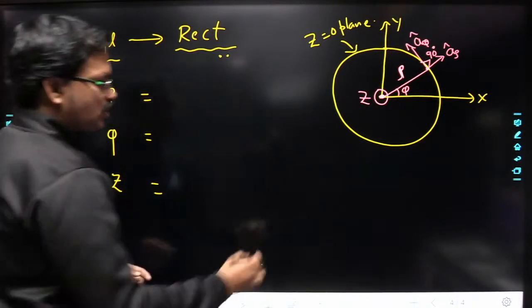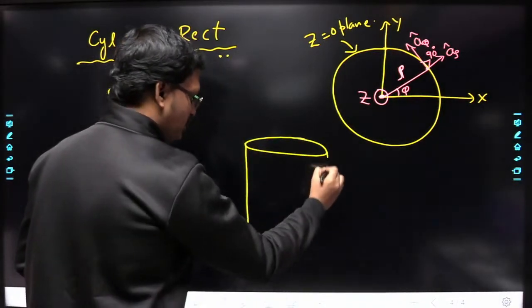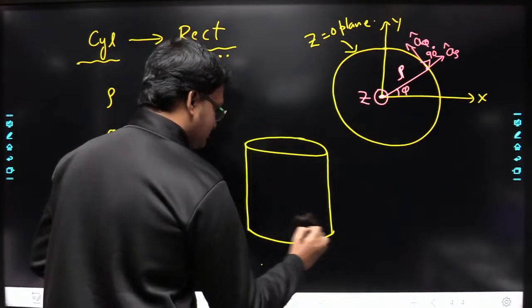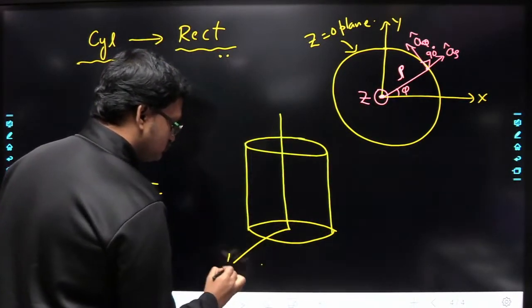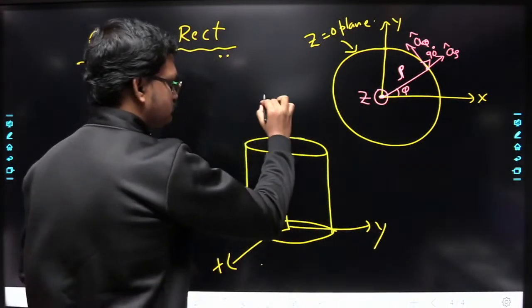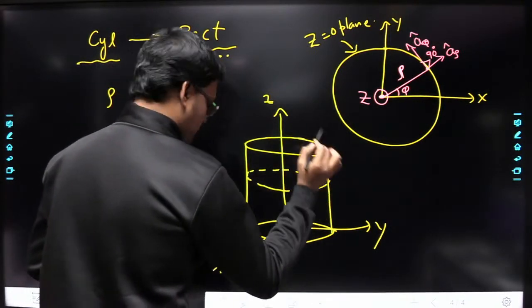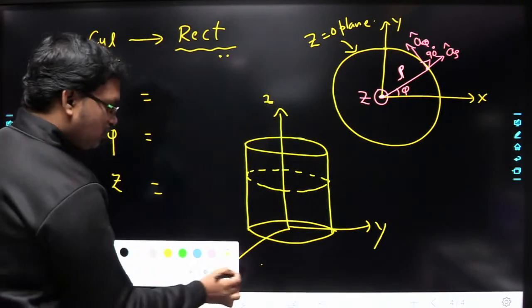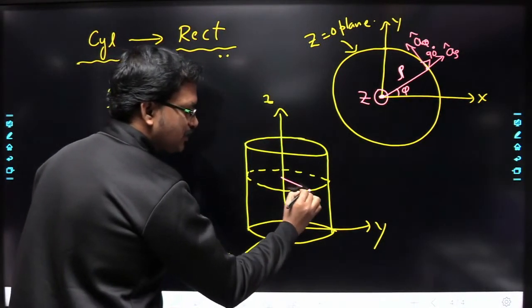Understood? Okay. So now if you consider a cylinder here, I am drawing roughly. I hope you can easily understand here. Now if I consider some point here, this is nothing but a rho.